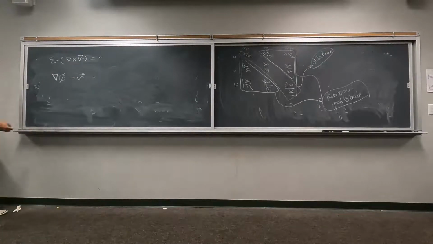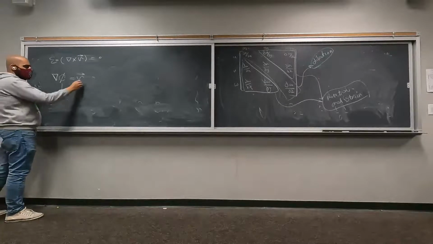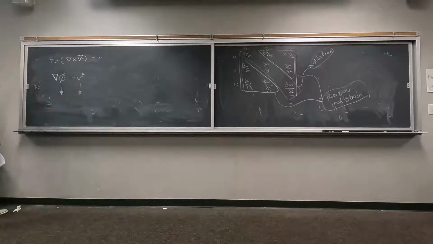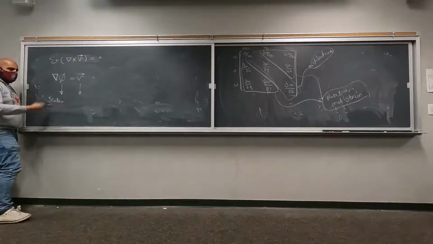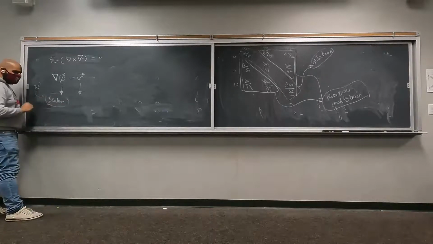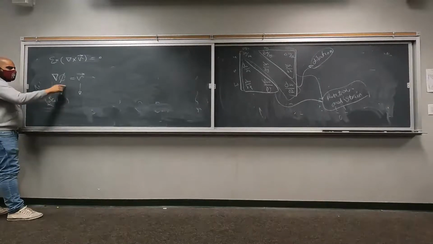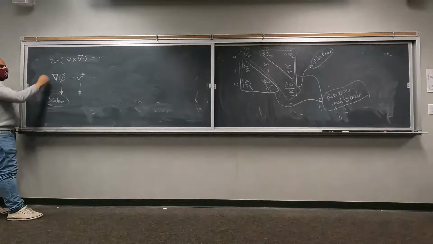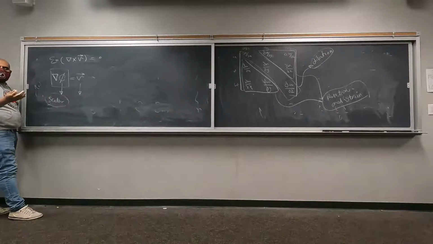And here we want to define a scalar whose gradient is going to be velocity. So this value is a scalar, whatever that is. We want to find a scalar which, when you take the gradient of it, will give you the velocity. Is this clear? So a scalar which is going to give you the velocity when you take its gradient.